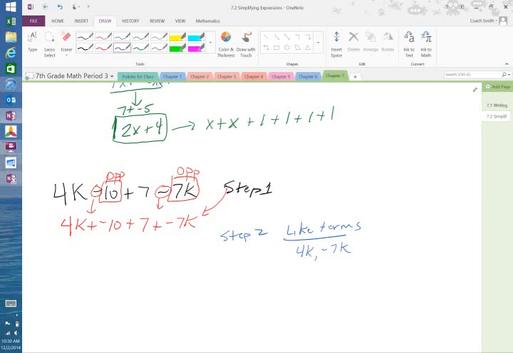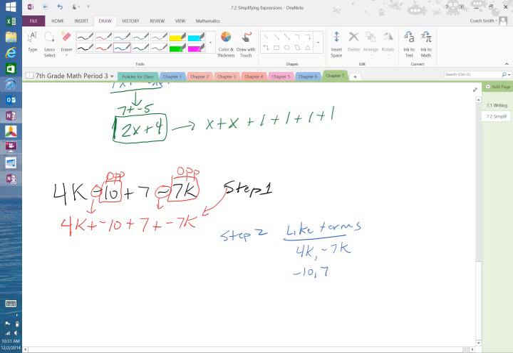Now, we also said there's another thing that are always like terms. What are those in this problem? Constants. So what are the constants in this problem? What are the constant terms in this problem? Negative 10 and 7. So those are also like terms.